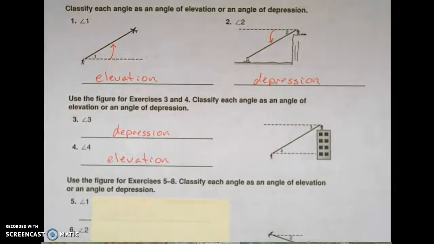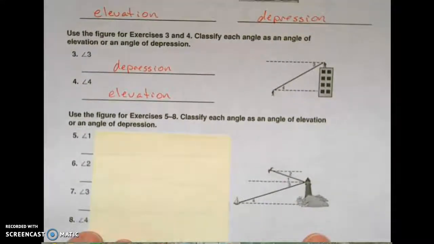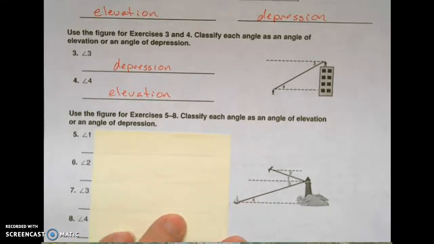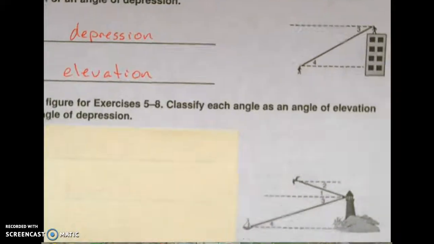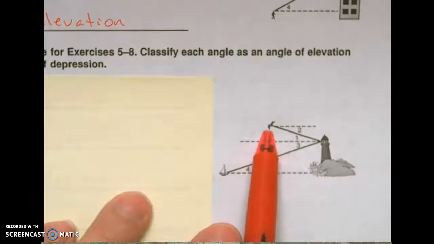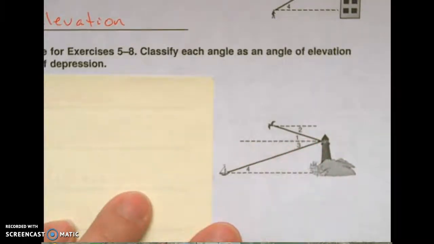In problems 5 through 8, you've got a lot of different angles going on here. In the diagram that you're looking at, from the bird's point of view, looking down at the lighthouse, you can see angle 2 is going to be an angle of depression.